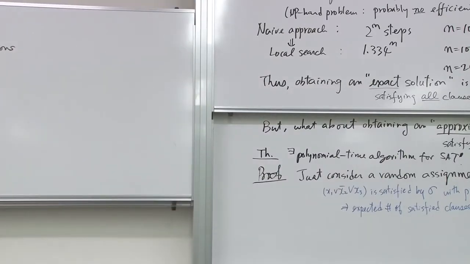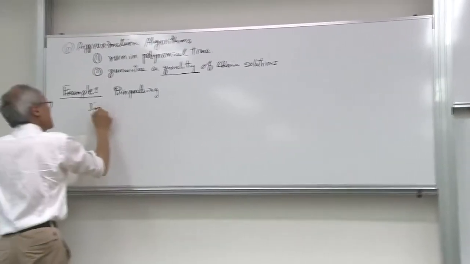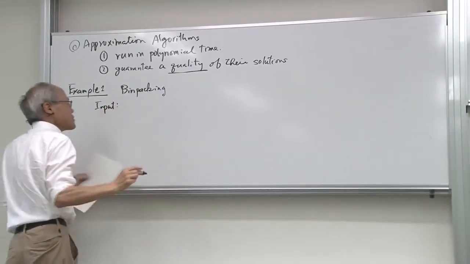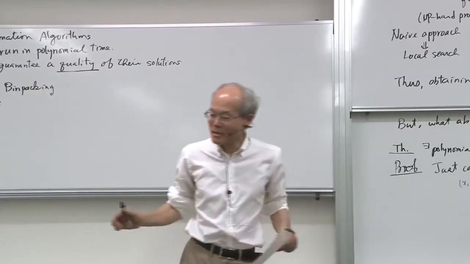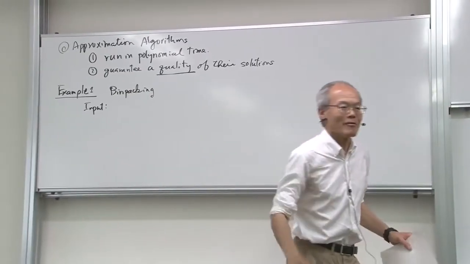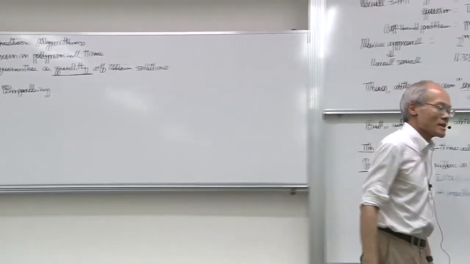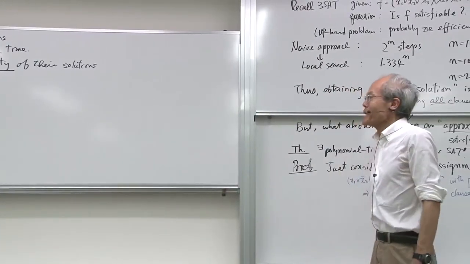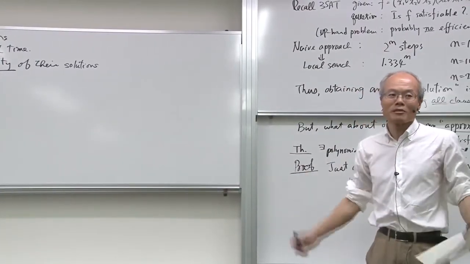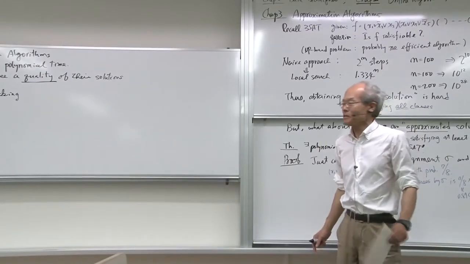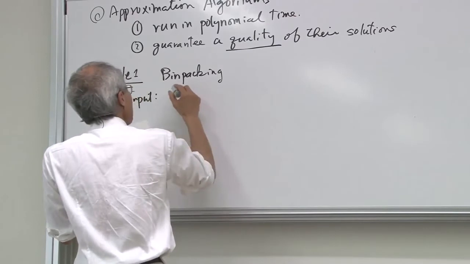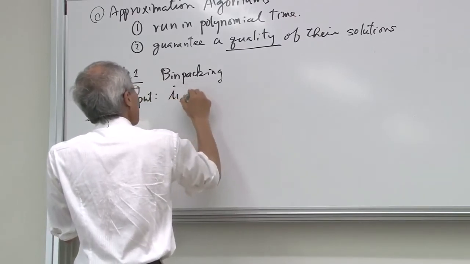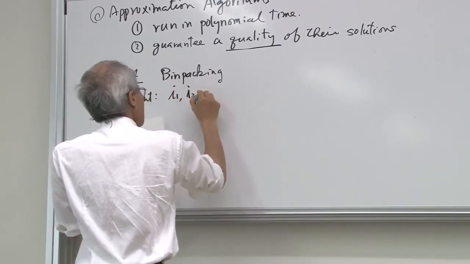Input. So this is a one-dimensional model. Usually, a container is two-dimensional or even three-dimensional. But to make things easy, we are now considering a one-dimensional version of a container. So the input is just a number.